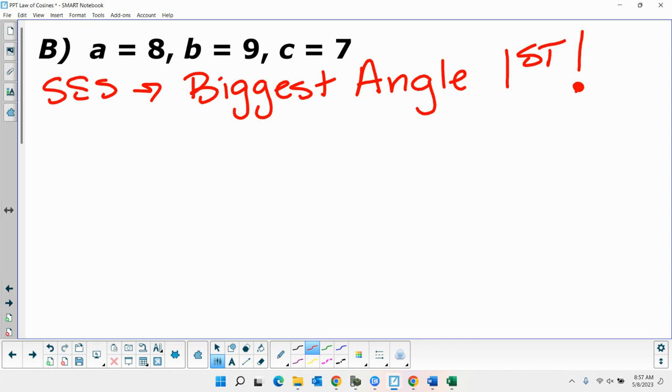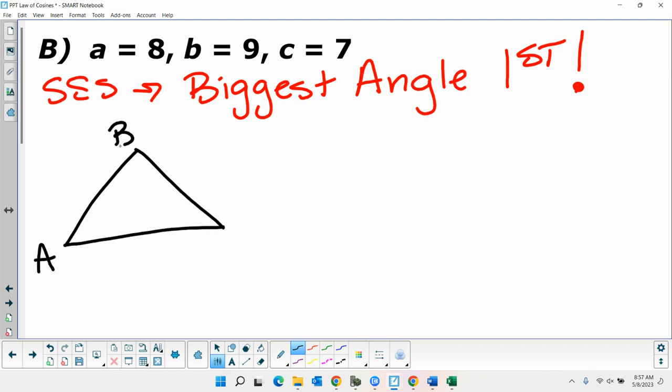Which one's the biggest angle? B. So I'm going to use the one that starts out b squared. B is 9, A is 8, C is 7.